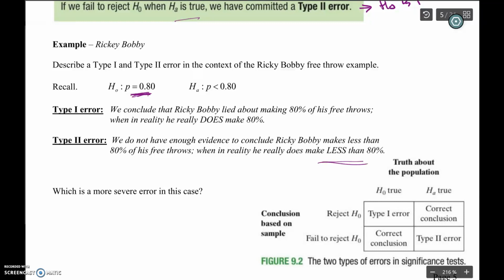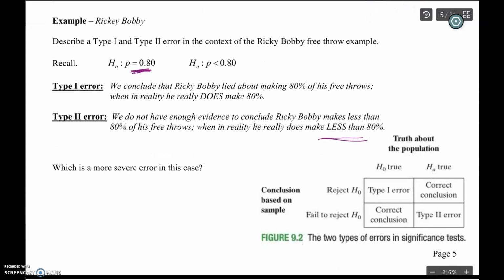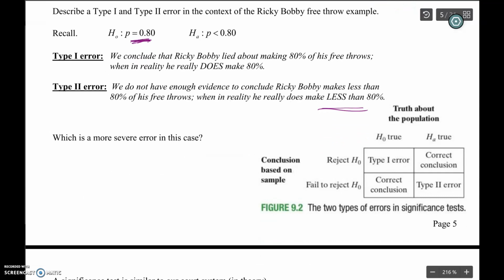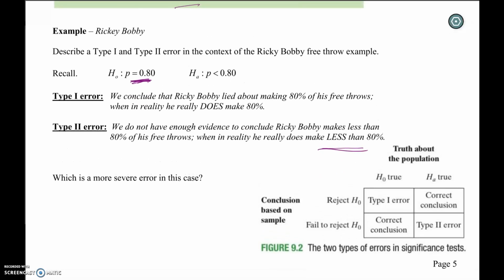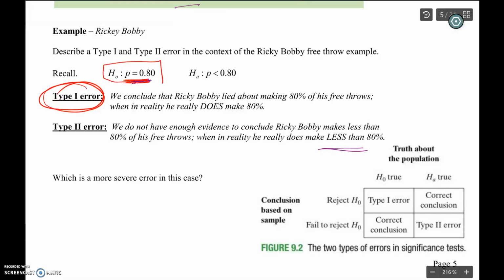So which one is more severe? We talked at pretty good length in class about which one of these we thought was more severe. In general, these tests are designed for the type 1 error to be the more significant one, because the null is the status quo, it's your assumption.